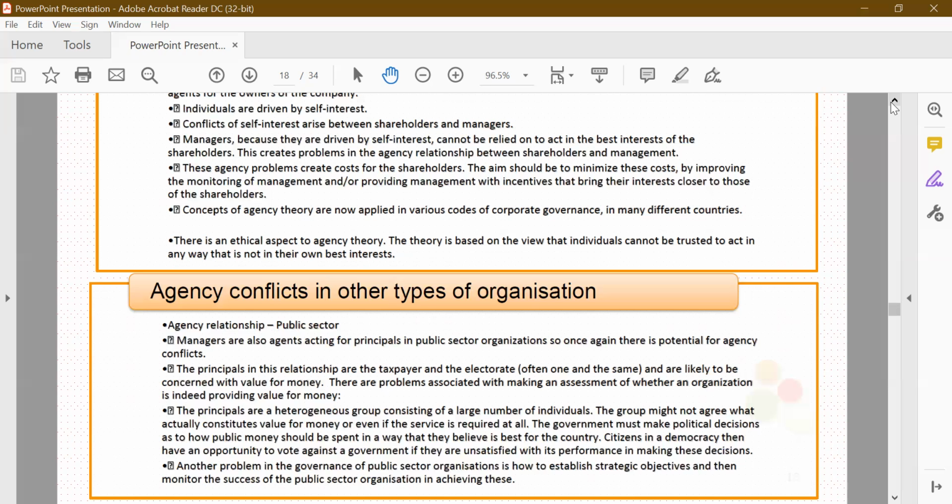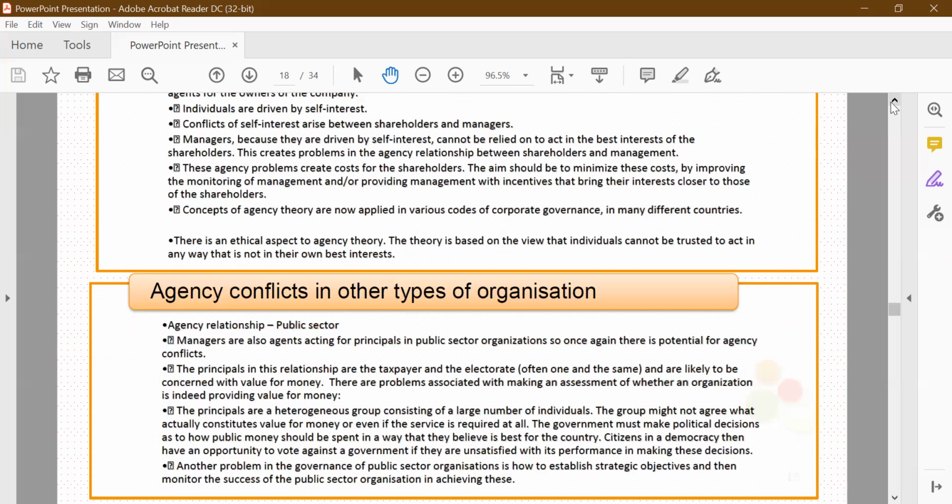The taxpayers have handed over management of the public sector organization to the government body to run it effectively on their behalf.